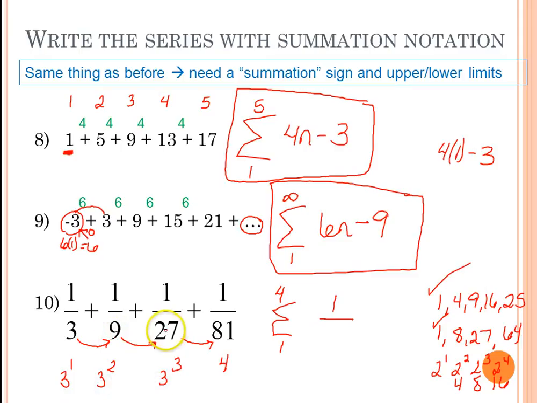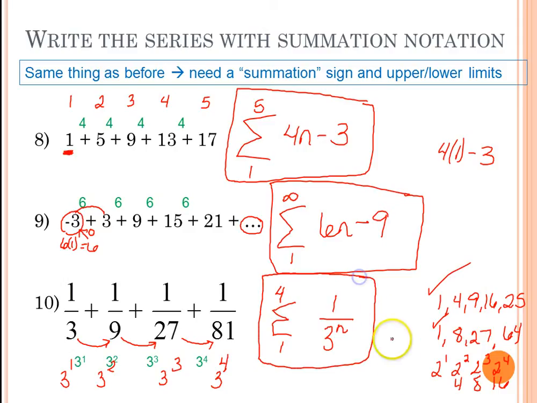What's 3 cubed? 27. What's 3 to the fourth? 81. So this is powers, but this is powers on a 3. So this is 3 to the n. So 1 over 3 to the n with a lower limit of 1 and an upper limit of 4.